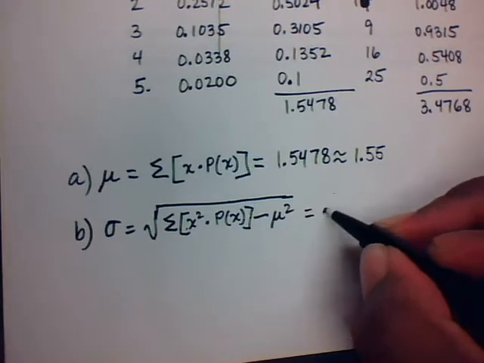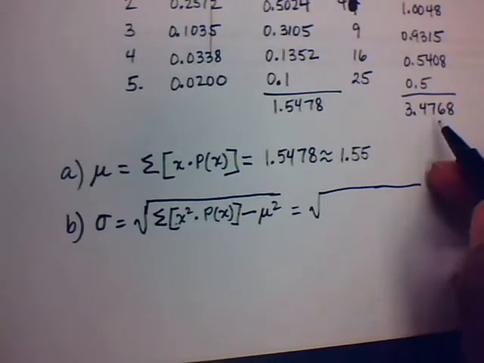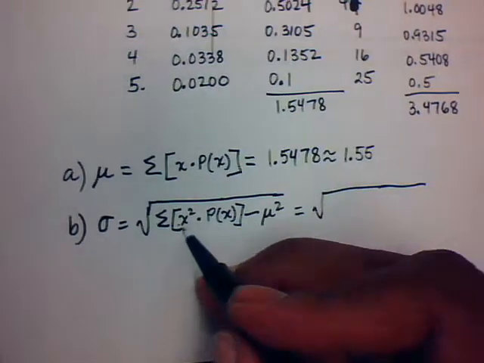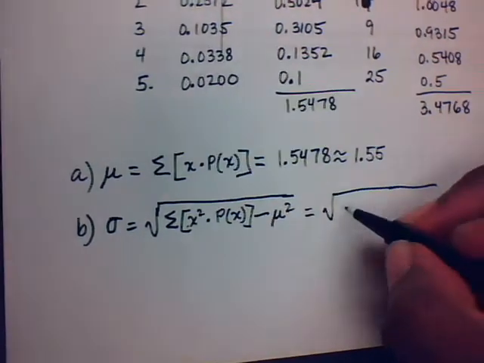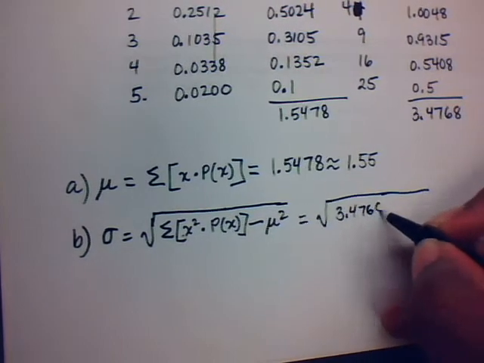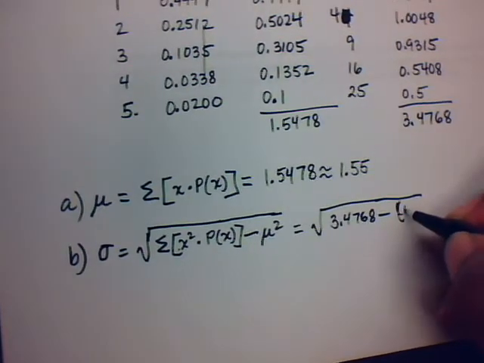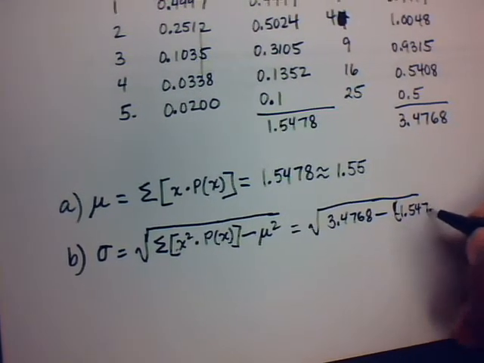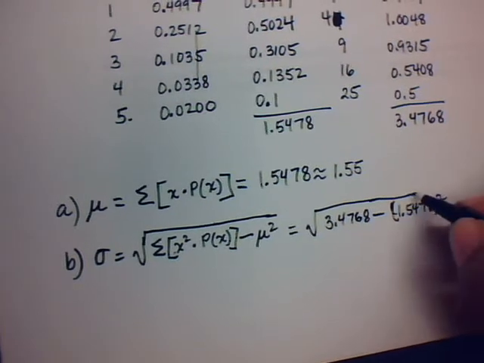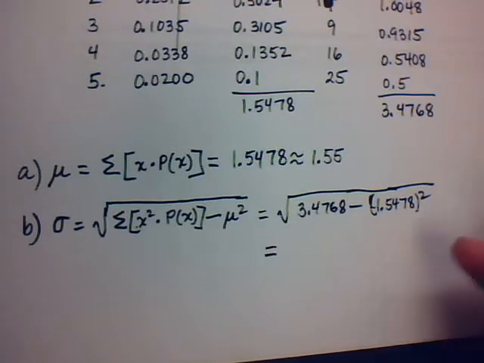So here I'm going to have the square root of that: 3.4768 will be put in place of this expression right here, minus mu, and I'm going to use the 1.5478, and that's going to be squared. And all of this can be put in the calculator.